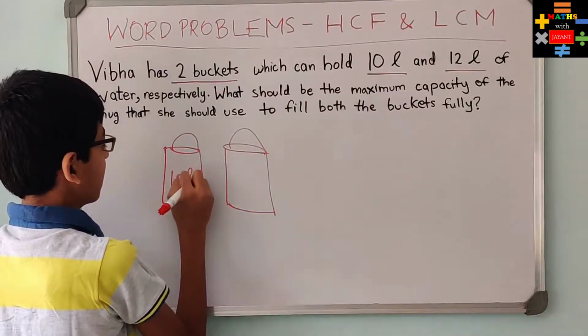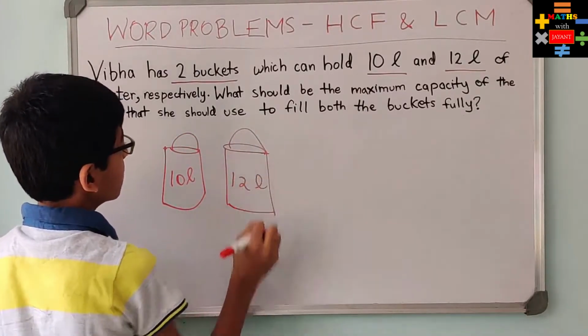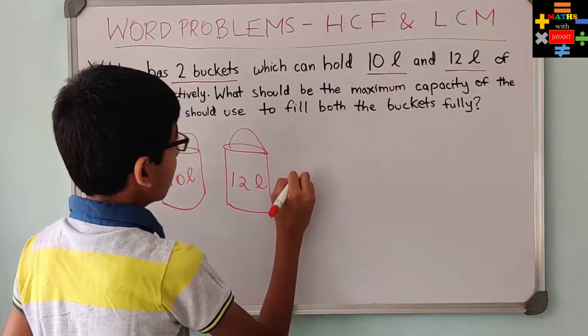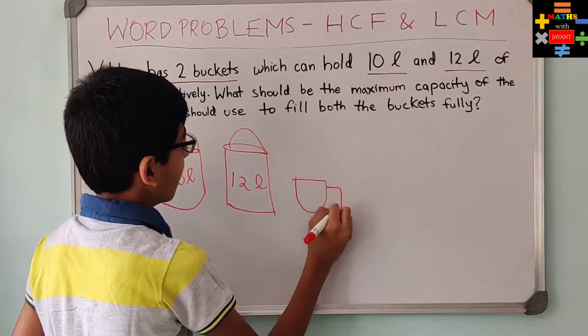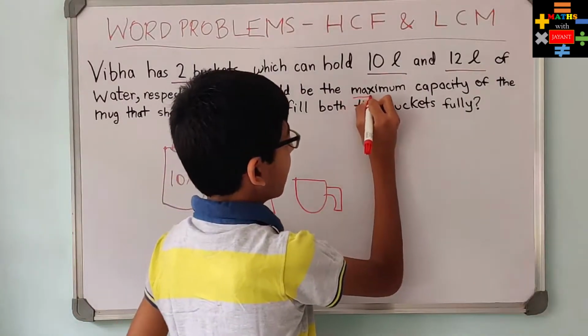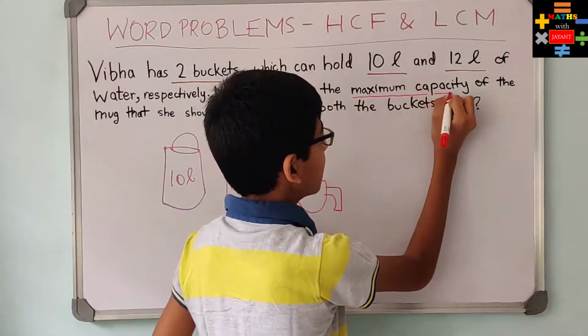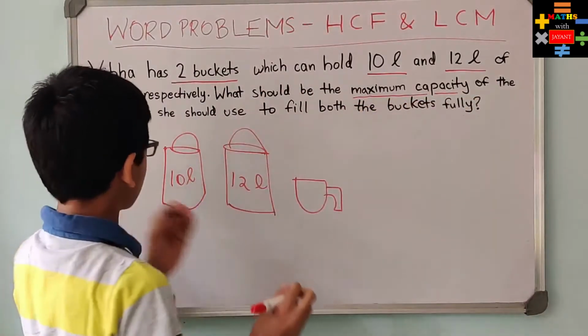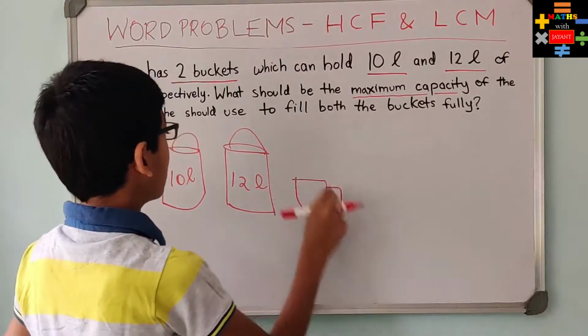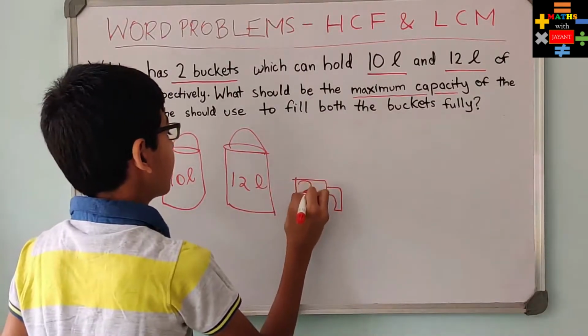One of them can hold 10 liters, the other bucket can hold 12 liters. So what should be the maximum capacity of the mug that she should use to fill both the buckets fully?